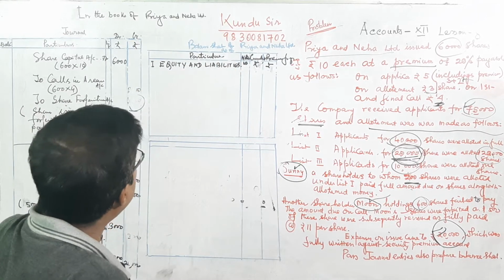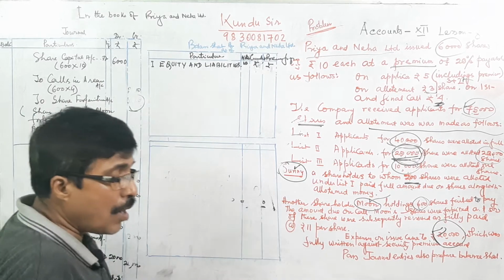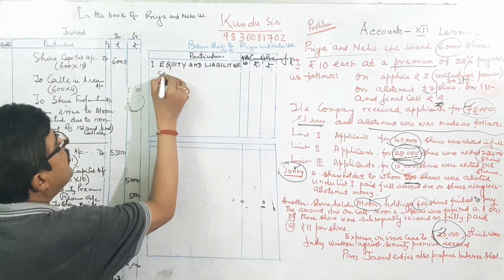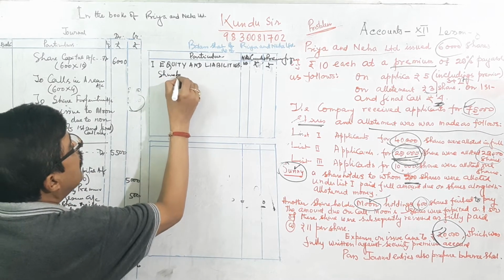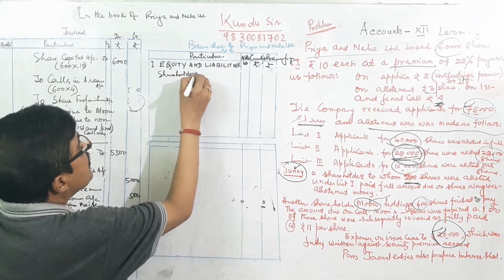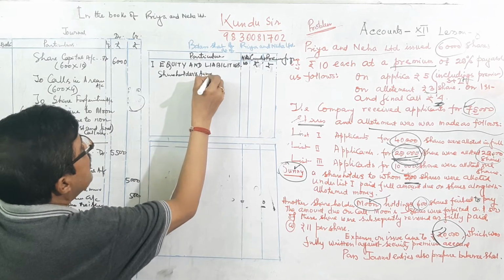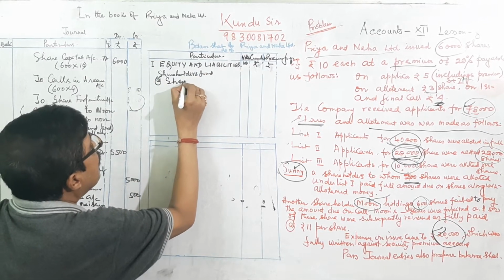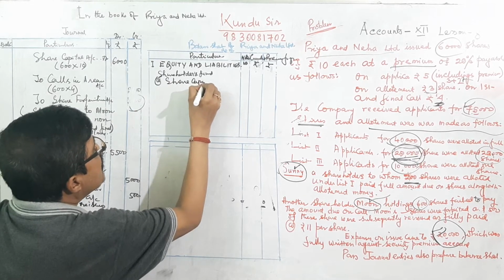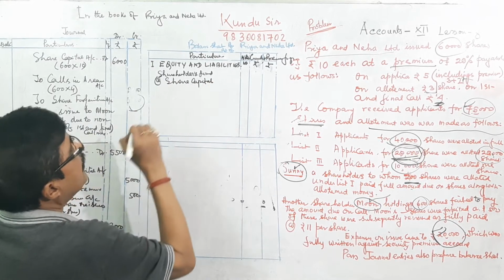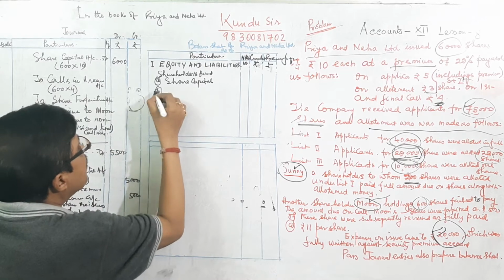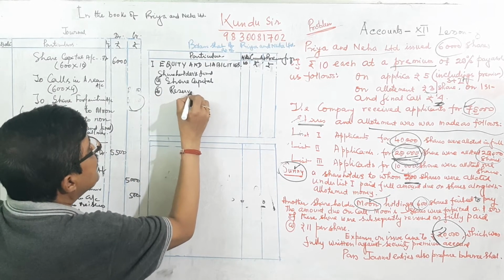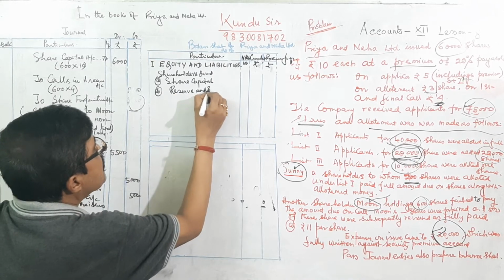Under this, what should we write? Shareholders' fund. Under shareholders' fund is A, share capital. Then B, reserve and surplus.